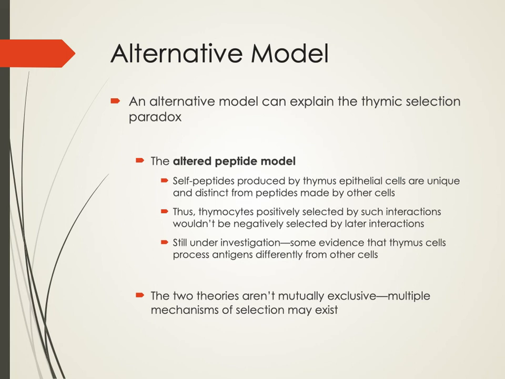So again, what's being selected for is what's in the thymus, and that's not always an indicator of what's going on in the whole body. It's not necessarily the affinity model or the peptide model. It's maybe somewhere in the middle, and they both need additional research to elucidate which model is the more dominant one.